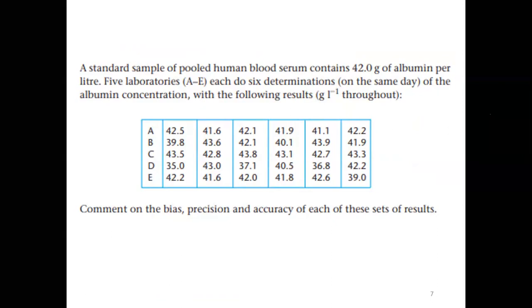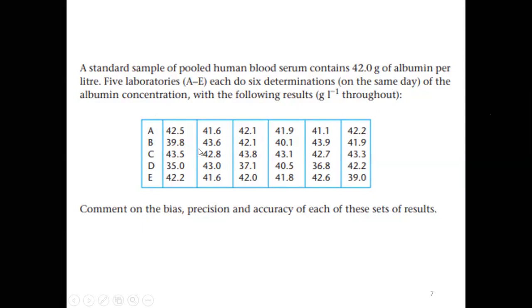This question is about a set of samples of human blood serum. Normally blood serum contains 42 grams of albumin per liter, and this experiment has been done in 5 laboratories, each doing 6 determinations on the same day.